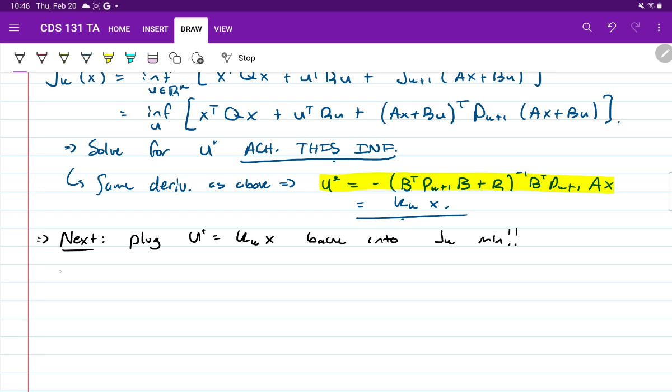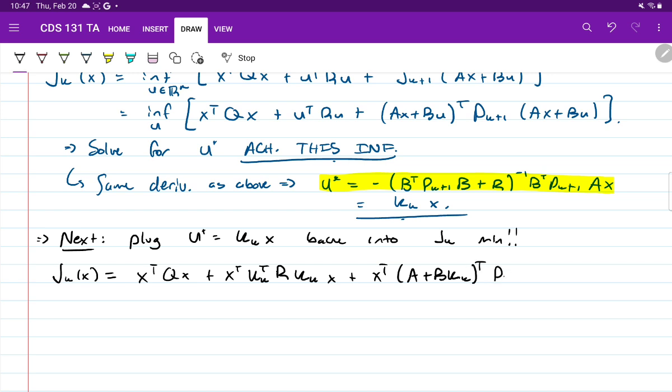And what I would find is that Jk of x will be equal to x transpose Qx plus u transpose Ru, which is equal to x transpose Kk transpose R Kk times x, plus x transpose (A plus B Kk) transpose P_{k+1} (A plus B Kk) times x.